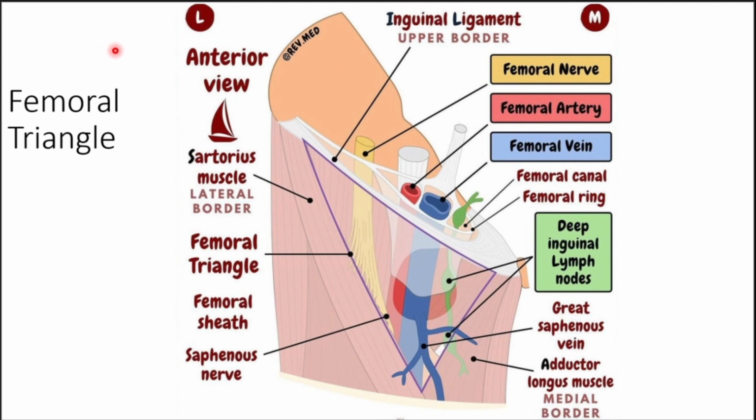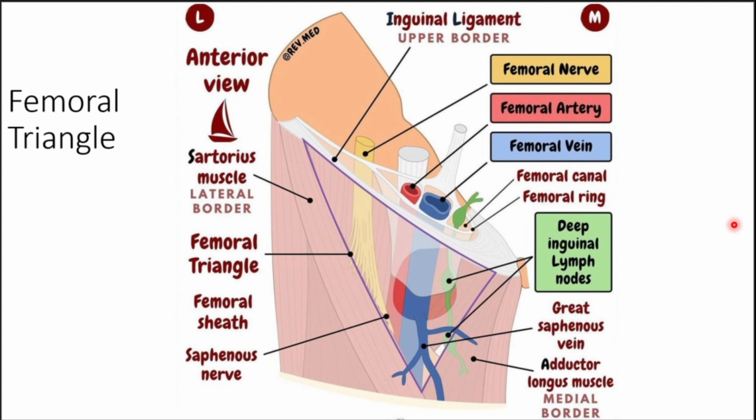Lastly, the femoral triangle is an anatomical space located in the inguinal region and contains the femoral nerve, artery, vein, and lymphatics. Often, these contents are memorized by the mnemonic NAVEL when listing the contents lateral to medial.